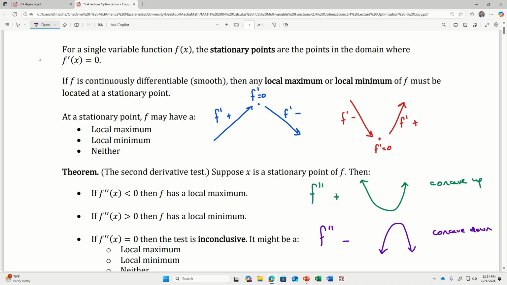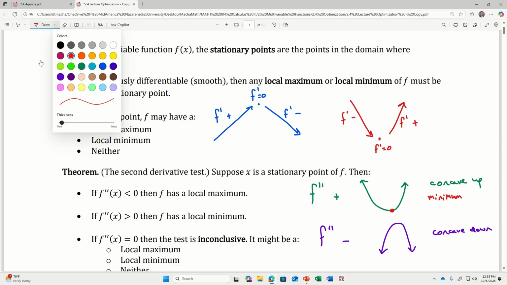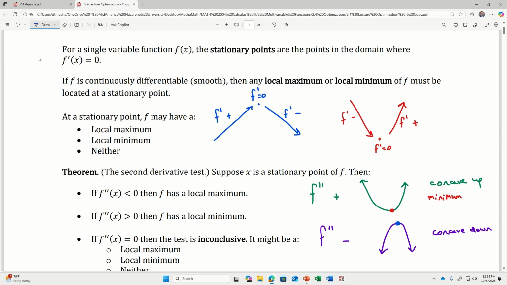And if you're talking about a stationary point where your function is concave up, that must be a minimum. And if you're talking about a stationary point where your function is concave down, that must be a maximum.